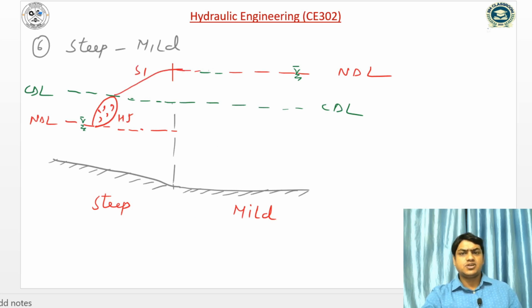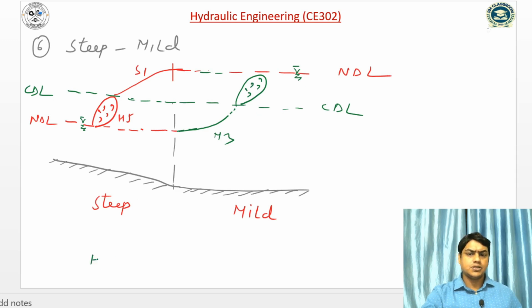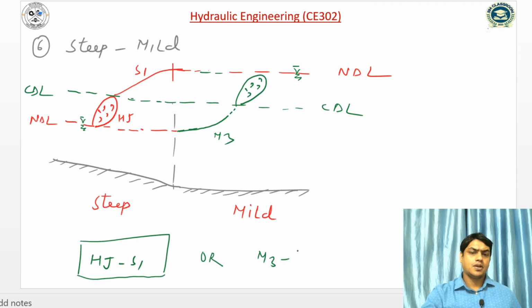And the second possibility is that it will be an increasing curve. So this will be like that. This is M3, and then the hydraulic jump will form. So two possibilities are there: either the hydraulic jump or S1, or M3 and hydraulic jump.